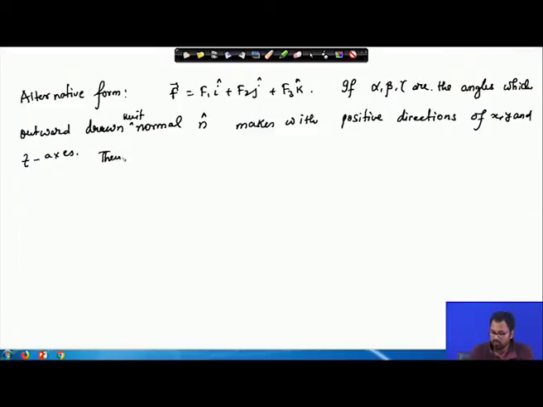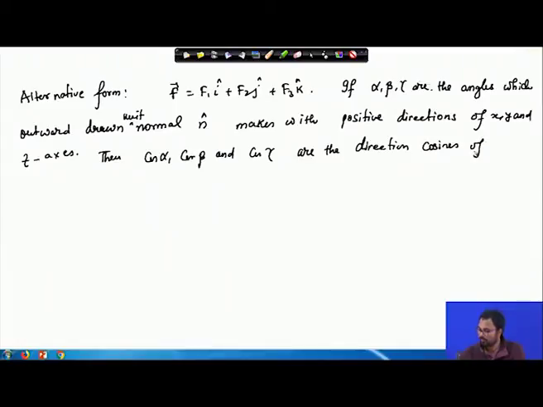Then obviously, we know that cos alpha, cos beta and cos gamma are the direction cosines. This is from our 3D geometry; you can have a look in any standard book on 3D geometry. So, these are the direction cosines of n, and we have n as cos alpha i plus cos beta j plus cos gamma k.